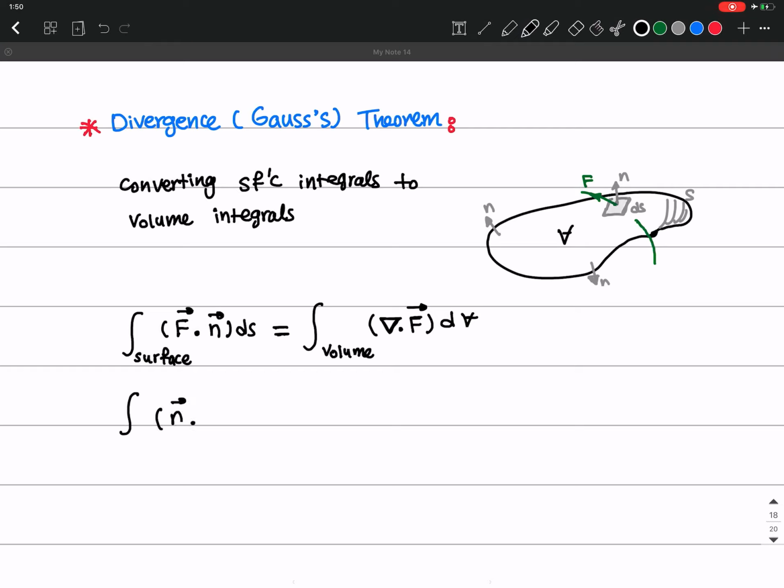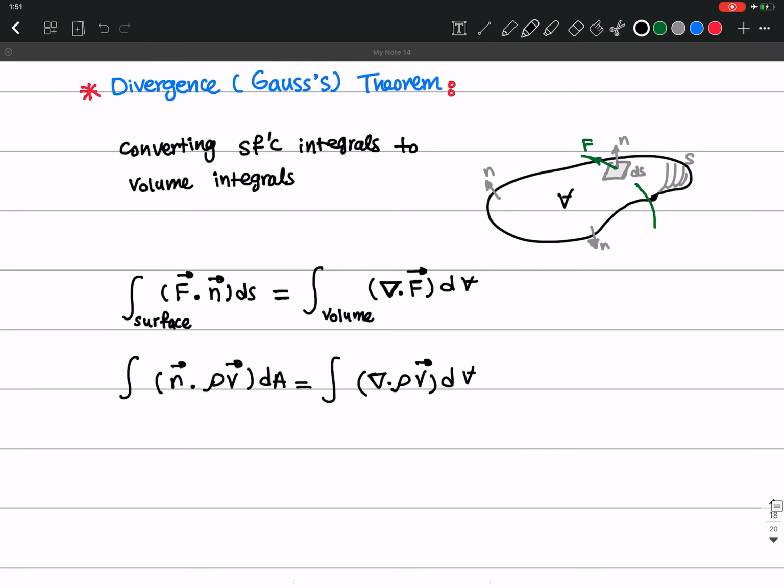We had this in the continuity equation, and the integral of rho v dot n dA over the surface, using Gauss's theorem, we can write as the integral over the volume of the divergence, or grad dot rho v, dV. So this is how the divergence theorem is going to help us convert these terms over the surface into terms over the volume.